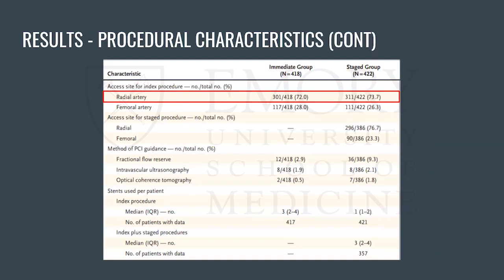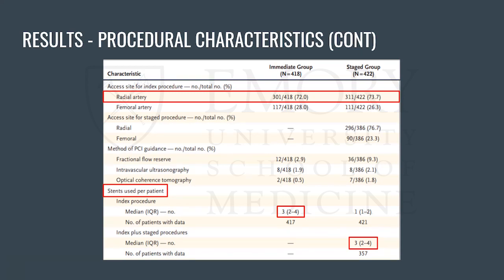About three-quarters of the patients in both groups ended up having radial artery access. That also followed suit for the staged procedures as well. The use of either anatomic or functional periprocedural assistance to guide whether we should stent the non-culprit lesions or not was left up to the operator's discretion and was used fairly minimally in the immediate group, a little bit more in the staged group.